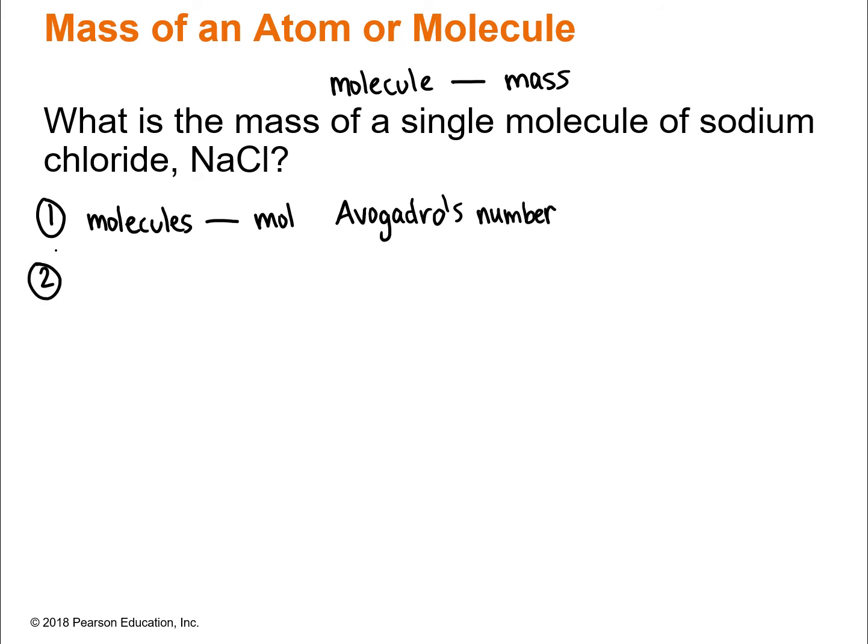And for the second part, you take those moles and convert it to mass using the molar mass of sodium chloride. Now, I'm telling you this specifically because you're going to have a question like this on your exam. I put one on there every semester. So you need to know how to do this type of problem.